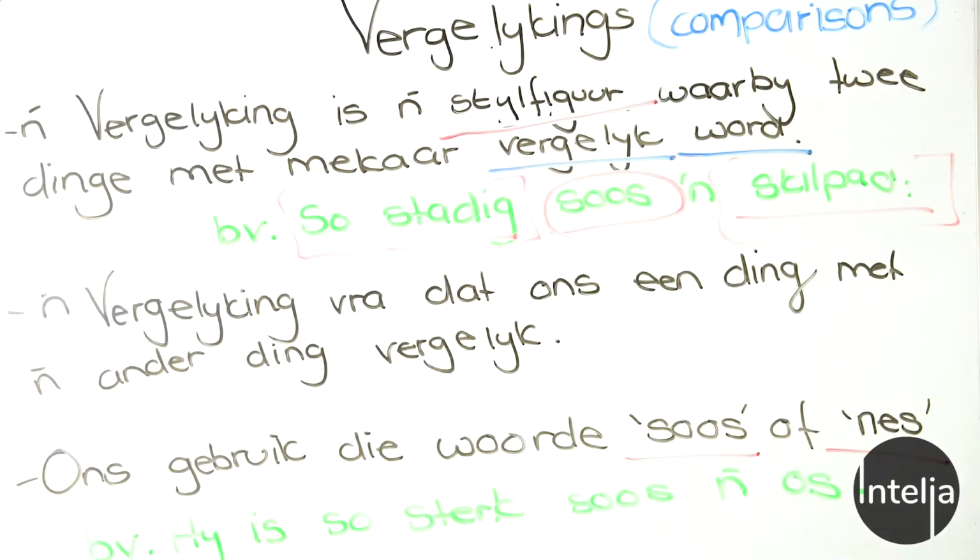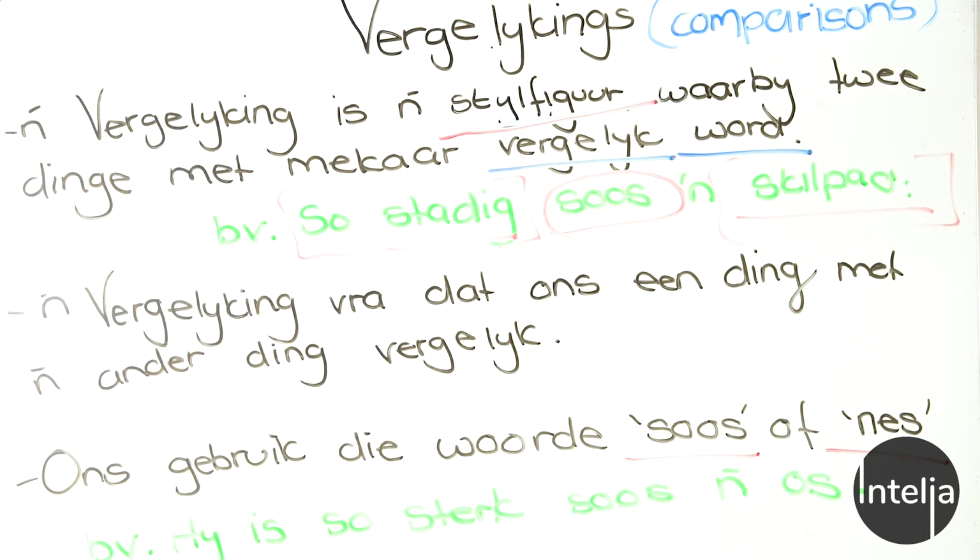Nes is like net so, just like, right? So, you look just like Tiffany. Jy lyk nes soos Tiffany. Nes is like an abbreviation for net so. So ons het soos en ons het nes.